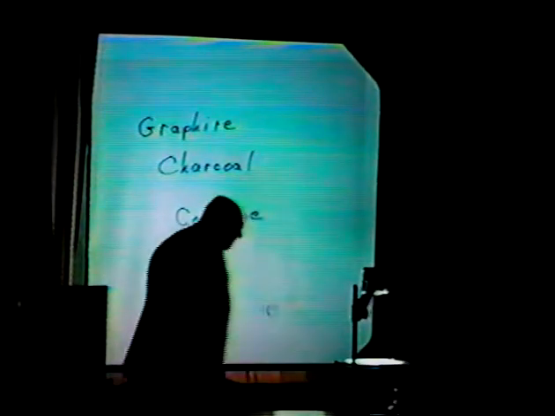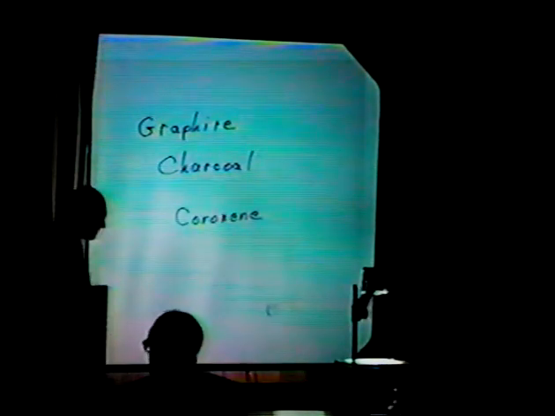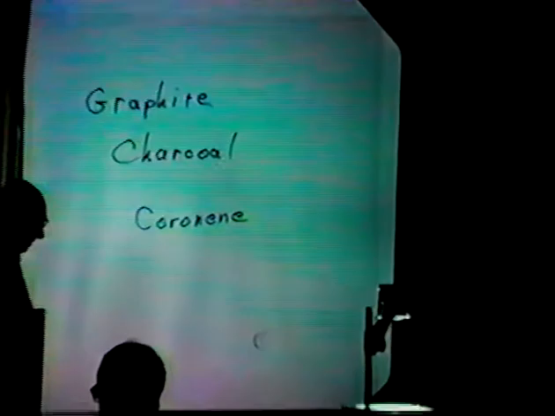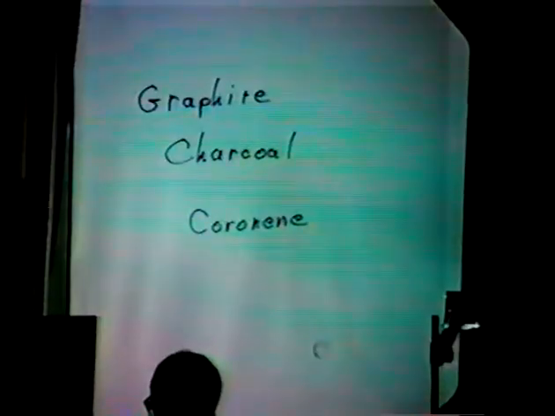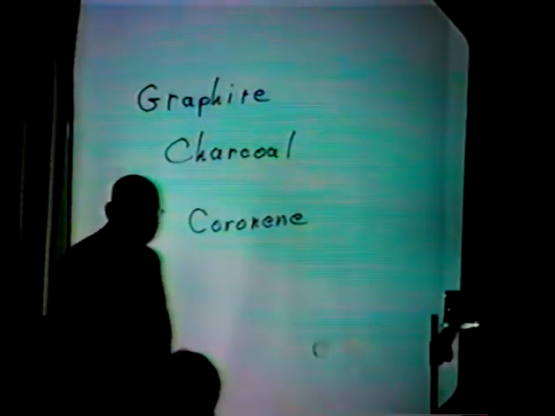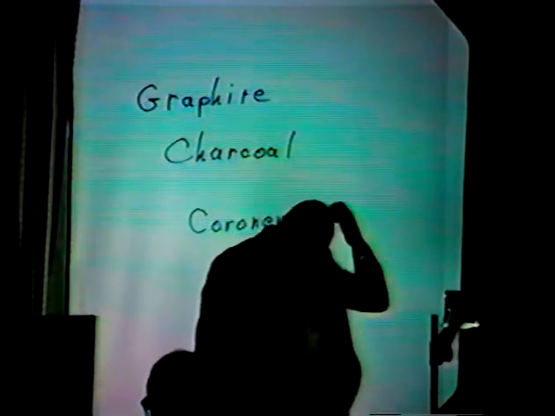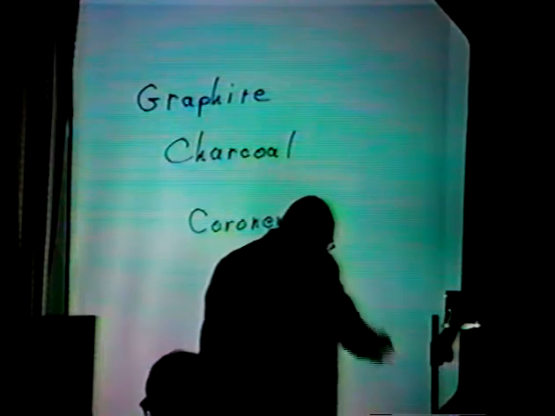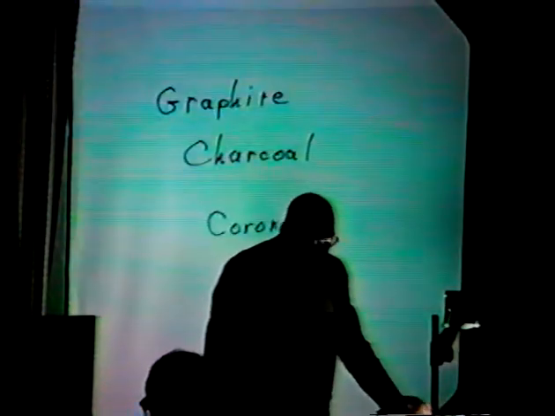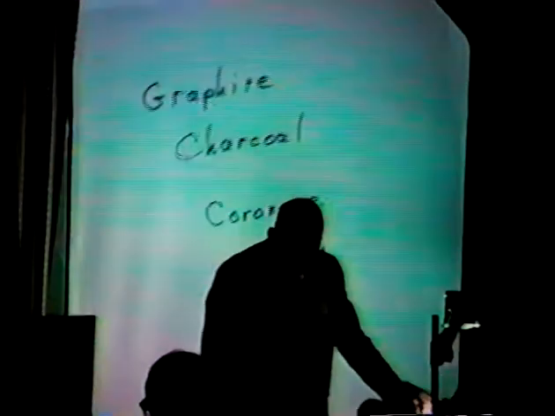Well, I've told you about graphite, charcoal, and coronene. I've gotten the basic C13 NMR parameters: chemical shift and anisotropy patterns, principal values, and the principal directions. And one should be able to use these in studies of coking patterns.